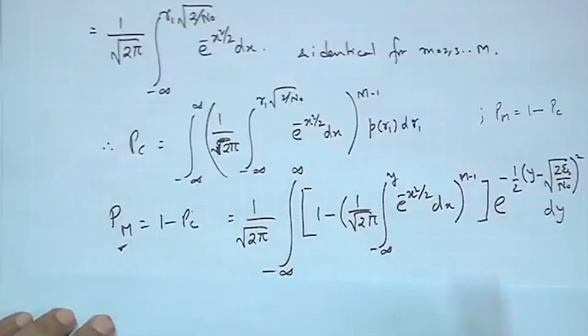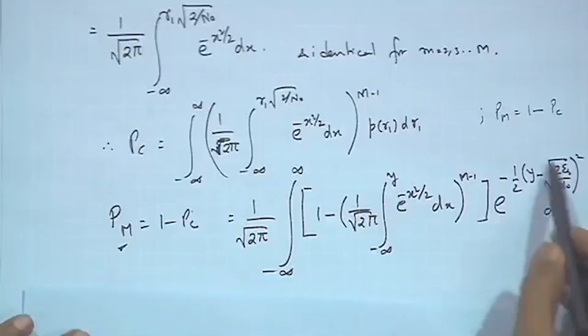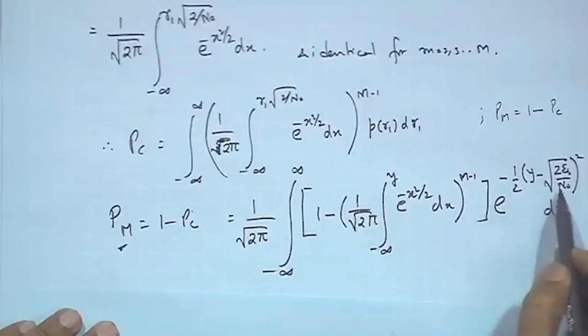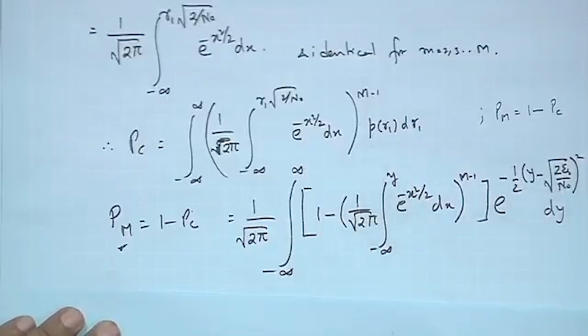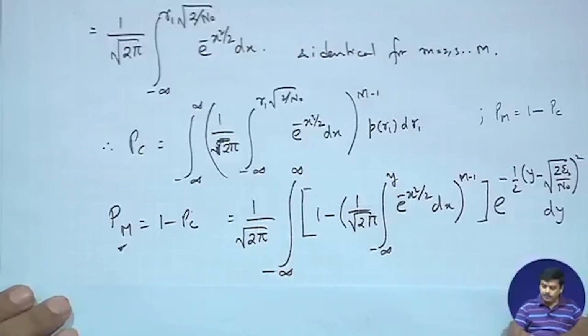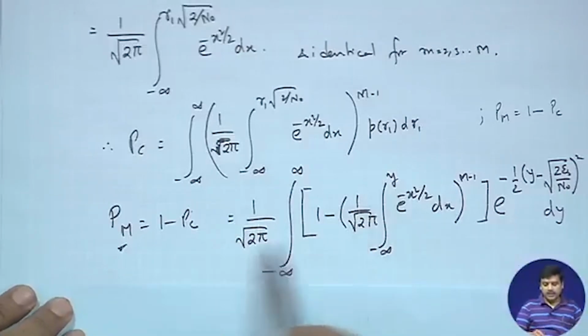So, this is the average probability of error, which is given by 1 by root 2 pi e to the power of this particular expression as we have. So, it is averaged over all possible values of r, and that is what is the expression, here it is. So, this expression is cumbersome, and it has to be solved almost numerically in most of the cases, other than very simplistic situations.